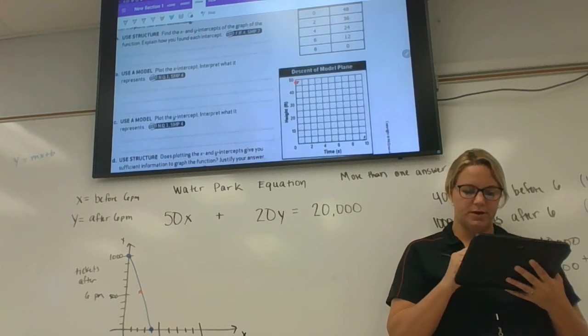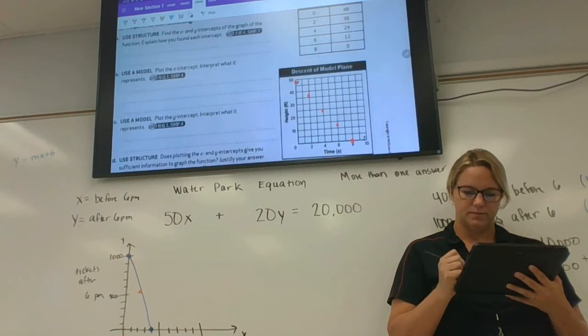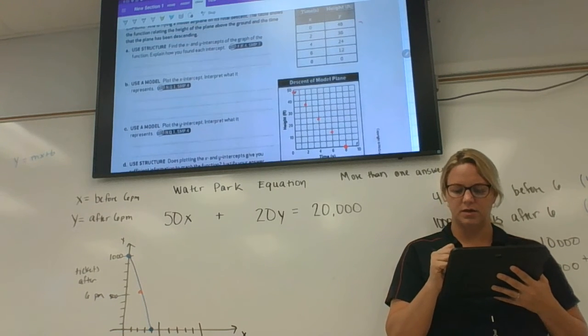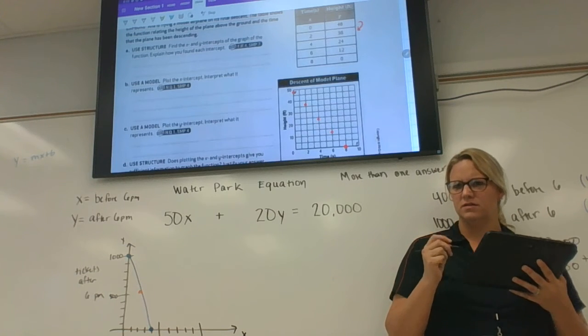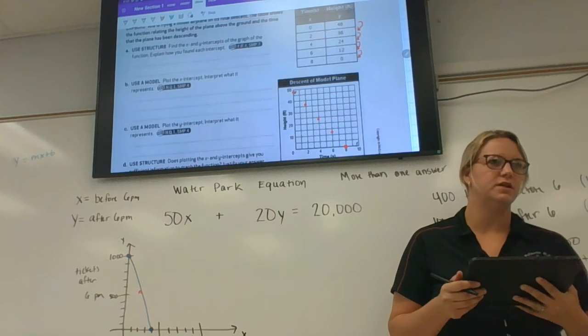I'm gonna put my ordered pairs down. I see a pattern here. Yeah, what's this? I do too. It's one straight line, but negative. How much is it going down every 2 minutes?